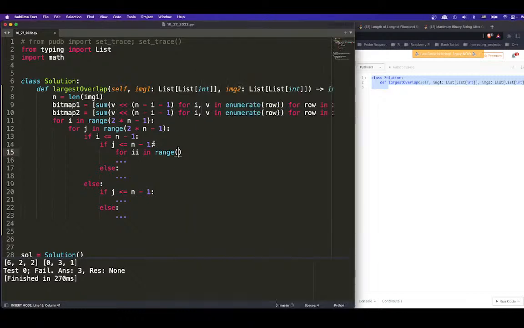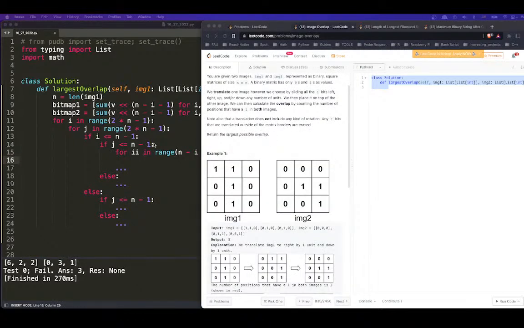So that will be n minus I minus 1 to n, right? This is the I range. For each one we need to compute the actual thing.